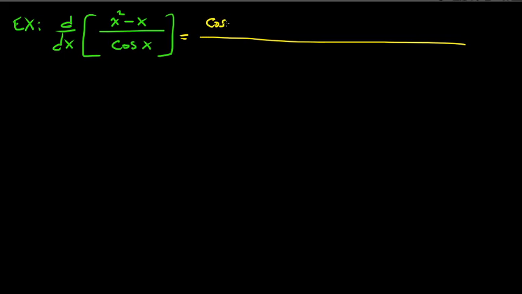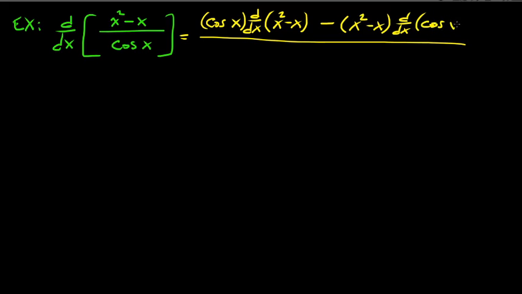So low, that means cosine of x comes first. D high, so that means we need to take the derivative of the numerator, that's the high part, minus the high, which is the numerator, x squared minus x, times the derivative of low, that's the cosine of x, and then divided by the square of what's below, so cosine squared.